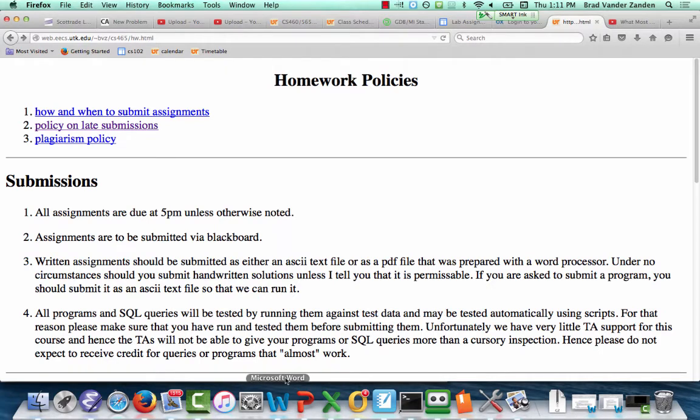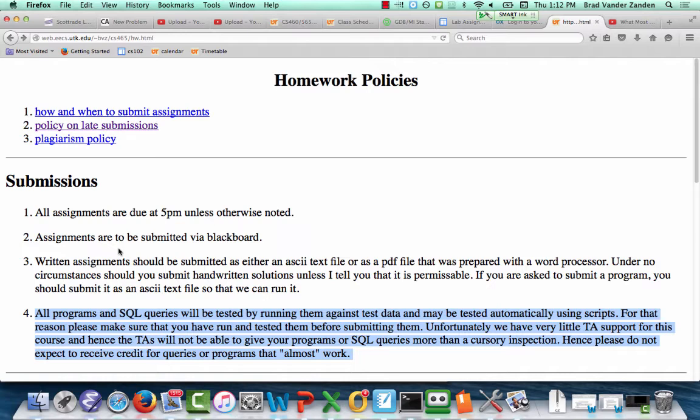One thing that I learned my lesson on now is that when you write your SQL queries, make sure they work. The TAs will be testing them using automatic scripts most likely. So having queries or programs that almost work isn't going to cut it. You need to have stuff that actually works.